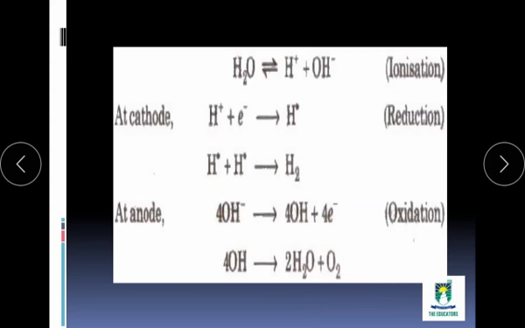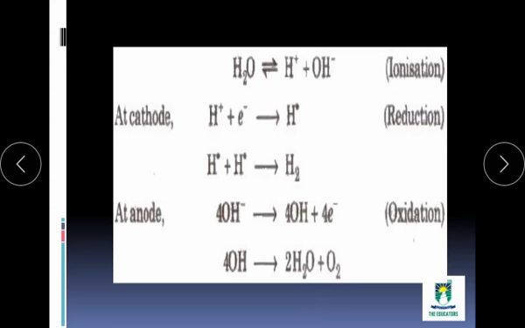So at the cathode reduction always occurs, and at the anode oxidation always happens. In this regard, at the cathode the gain of electrons occurs, and at the anode the loss of electrons occurs. So this is the electrolysis of water.